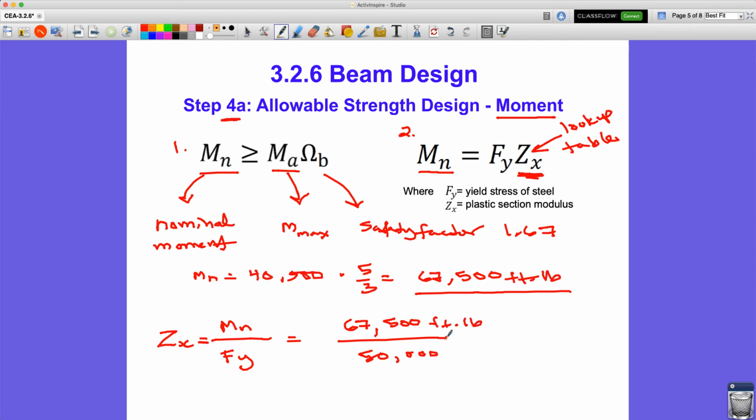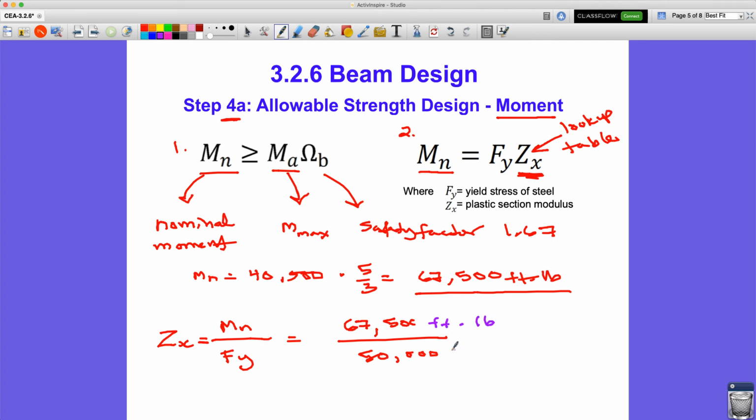I'm going to write those in, even in a different color, just so that it's clear. Let's make sure we do our dimensional analysis in purple. So this is feet times pounds.